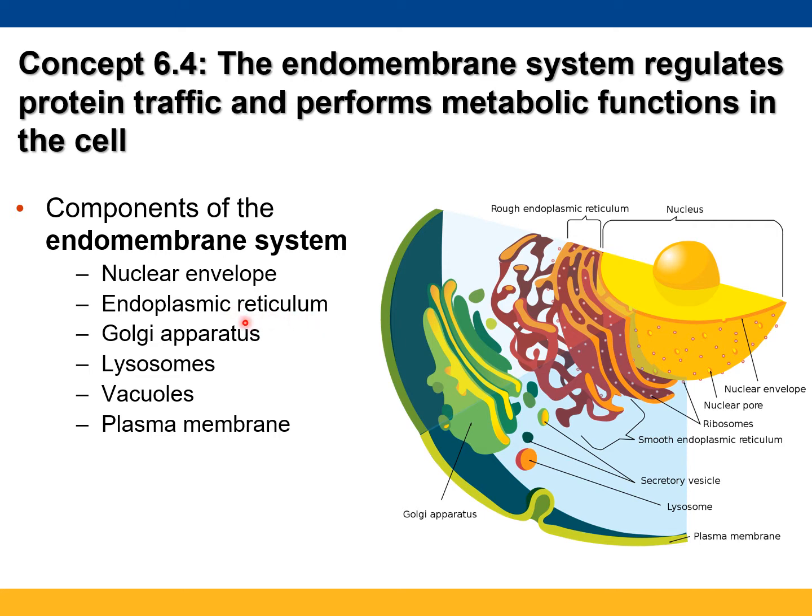That's why it's called that, because when you look at it on a slide, it has a reticulated pattern. If you look at the skin of a giraffe, that's a reticulated pattern. There's also a reticulated python, but I didn't want to use a picture of a snake. But I think a giraffe skin is a good example of a reticulated pattern. The Golgi apparatus, lysosomes, vacuoles, and the plasma membrane all comprise this endomembrane system.